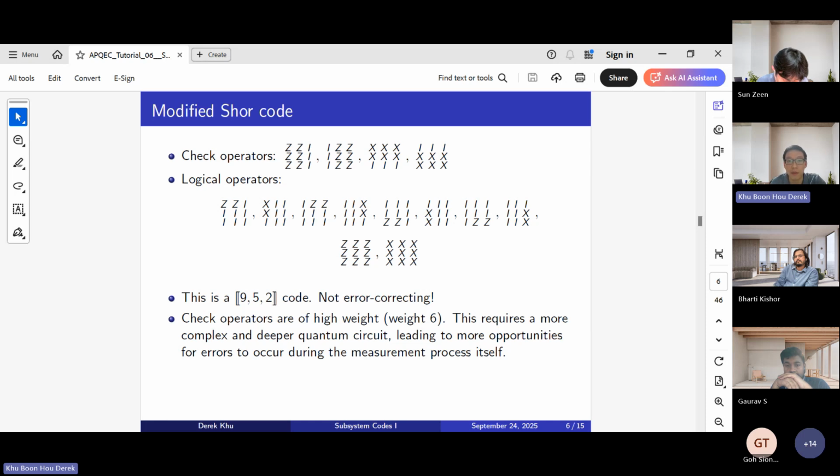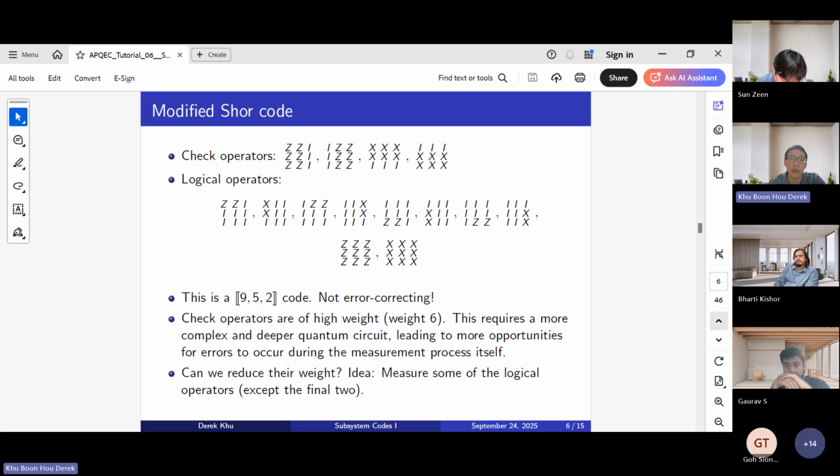It's going to be deeper, which means there are going to be more possible opportunities for errors when we do the measurements, which is not what we want, because the whole point of doing all these measurements is to correct errors. So we don't want to introduce more errors than we correct.